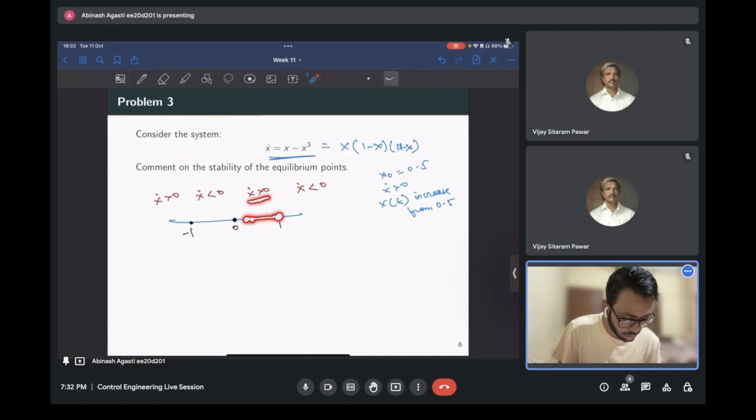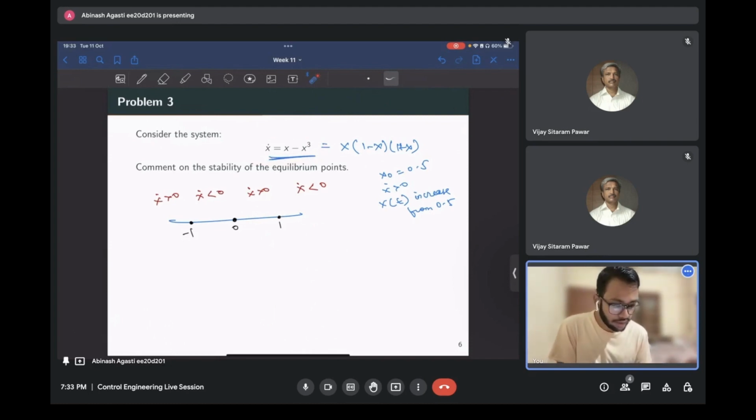At this point it reaches an equilibrium point. So it should stay there, because obviously here x dot equal to 0. From here, unless someone else moves it, it won't move as per these dynamics.